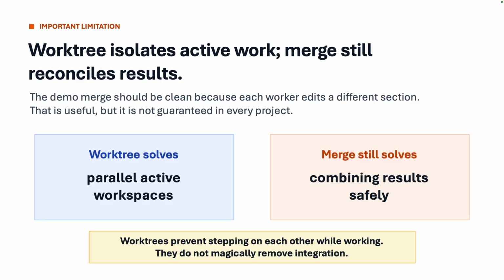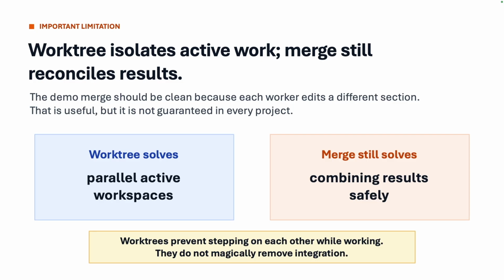It allows you to work in parallel, actively, on multiple workspaces, and it still gives you the advantage of merging it like a proper git commit, and then maintain the git commit history. So in a way, worktree prevents stepping on each other while working. Of course, they do not magically remove the integration.